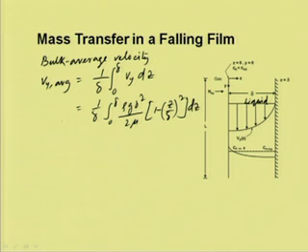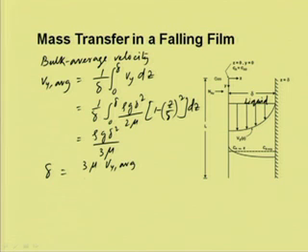Integrating this will be equal to rho g delta square by thrice mu, and the film thickness delta we can write as 3 mu V y average divided by rho g to the power half.